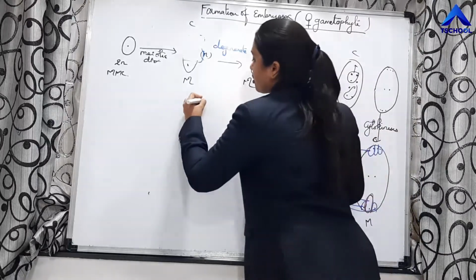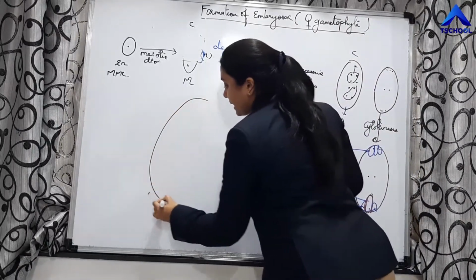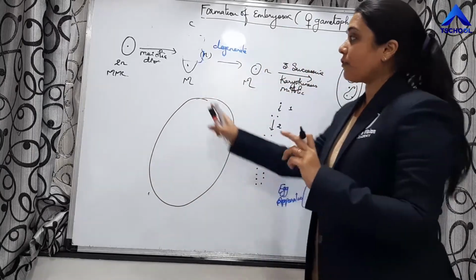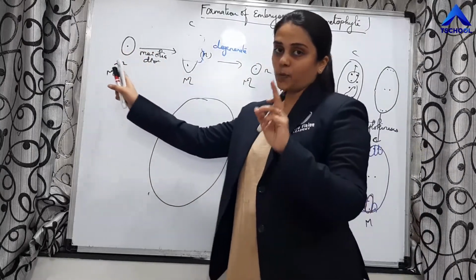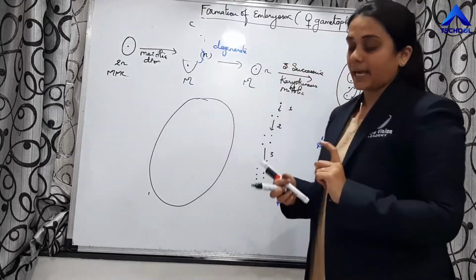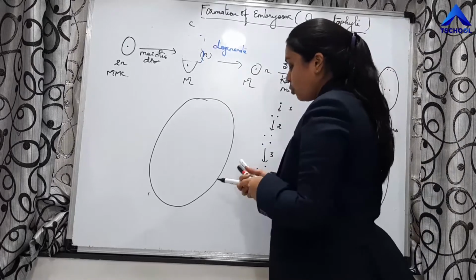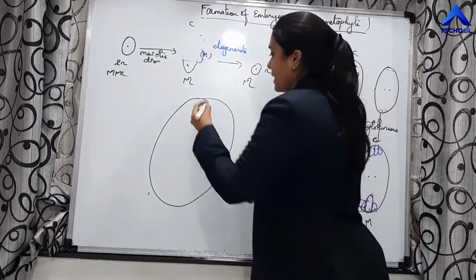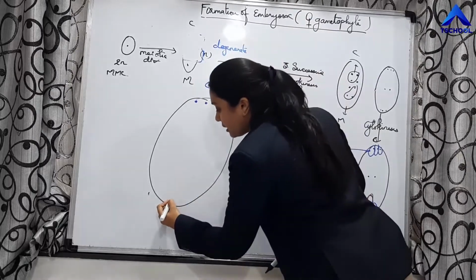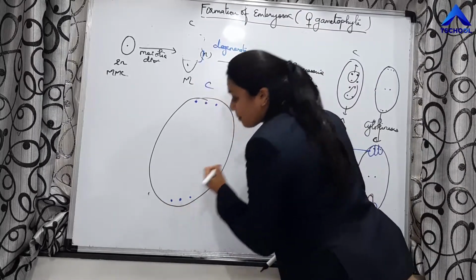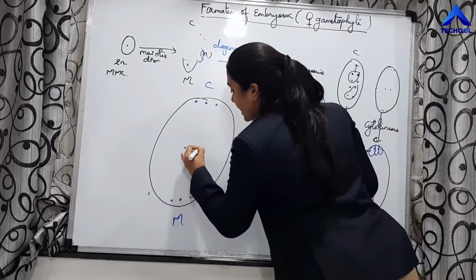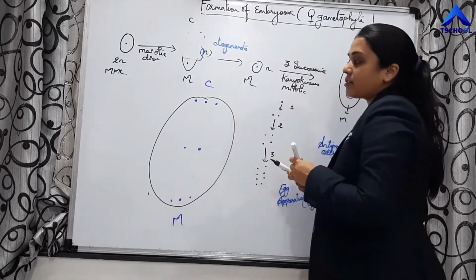So we will draw the structure of the embryo sac, an enlarged structure. This embryo sac developed from a single megaspore mother cell, right? How many nuclei are present in it? We know that 3 nuclei are present towards the chalazal end, 3 nuclei towards the micropyle end, and 2 nuclei in the center, right?